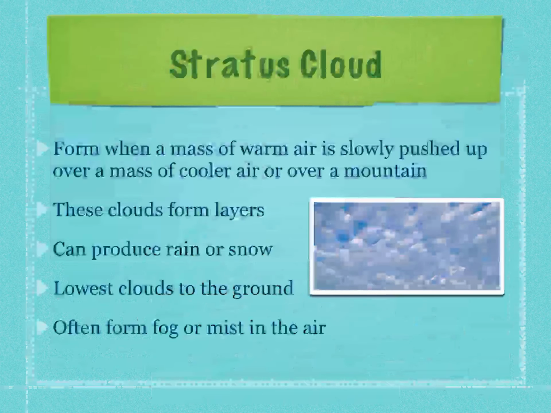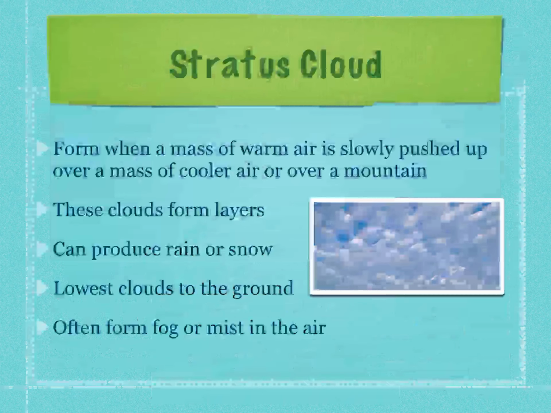All right. So these form when a mass of warm air is slowly pushing up, and it's going on top of the cooler air that's already there. Okay. Like I said, they form layers, and usually you see them all the way across the sky, and you would see it on a gloomy day or a day that doesn't have any sun, because it's all across the sky and it's taken over, and it kind of makes it a gloomy, sad day.